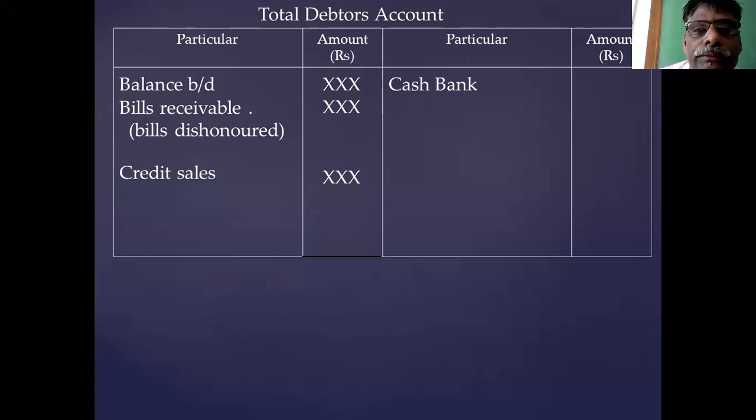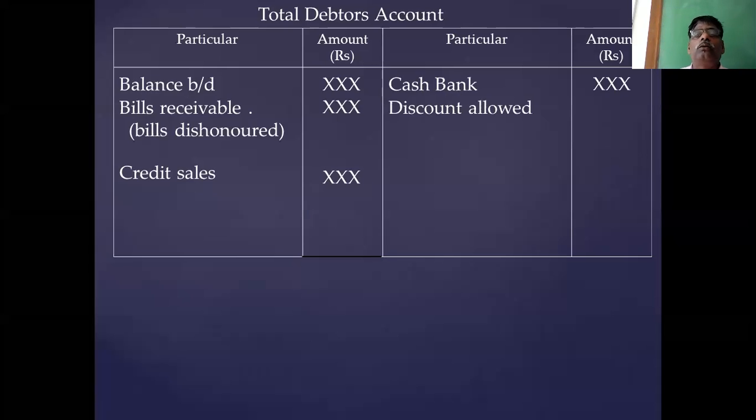Cash or bank means cash received from debtors. If cash is received from debtors, debtors balance decreases. Cash received from debtors means by cash. And if the check is received from the debtor, you write as by bank. For check received, by bank; for cash received, by cash.